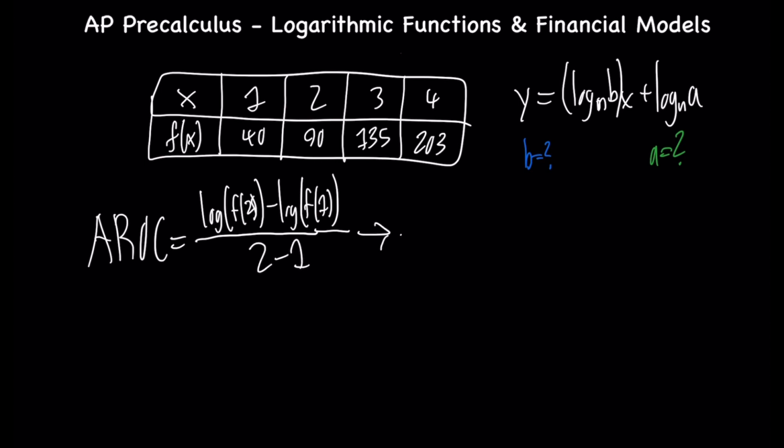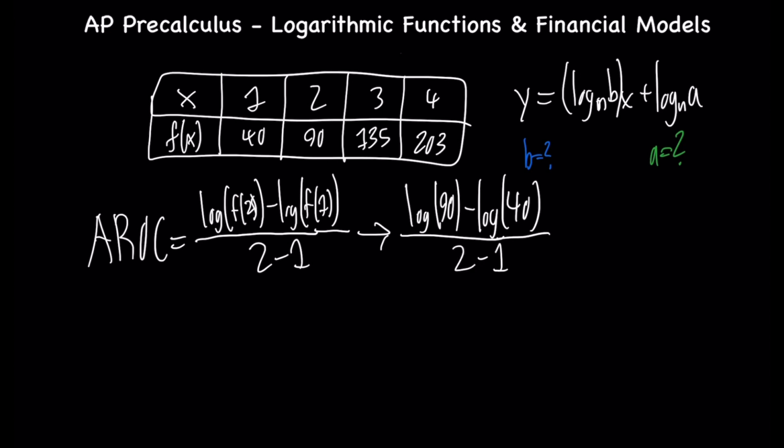So that basically means you can refer back to this table that f of 2 is 90, right? So that's going to be log of 90 minus log of f of 1, which is 40, over 2 minus 1. Then when you get your answer, if you round it to the nearest 4 decimal places, you're going to have 0.1761. This is your B value.